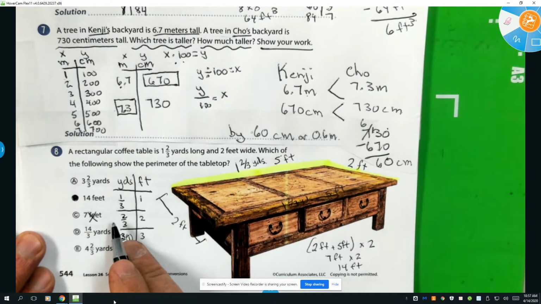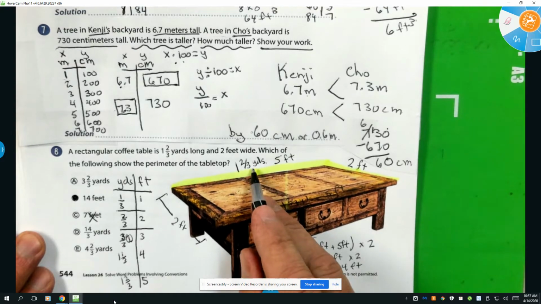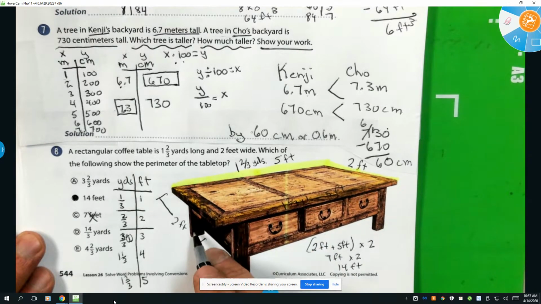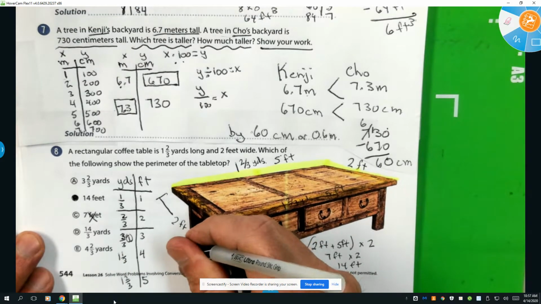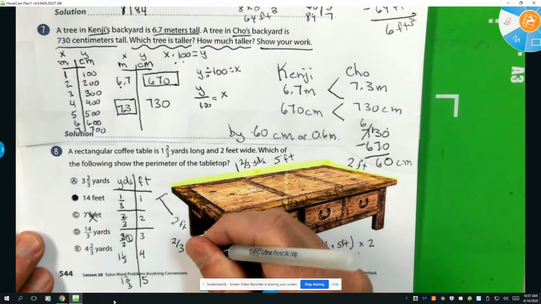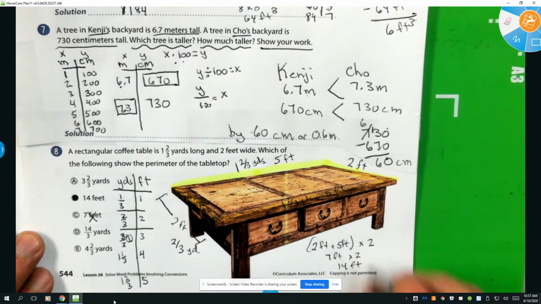All right, so let's take 1 2/3 yards plus, now what is 2 feet in yards? Oh, it's 2/3 of a yard. So now I can just do the same thing.